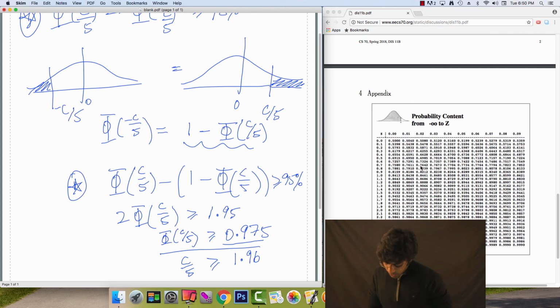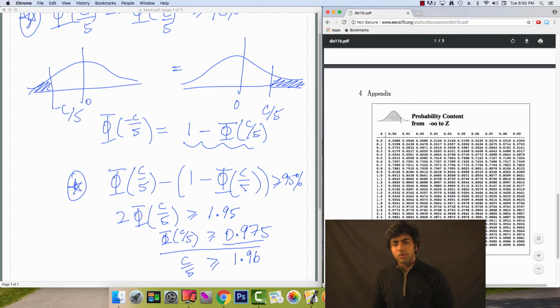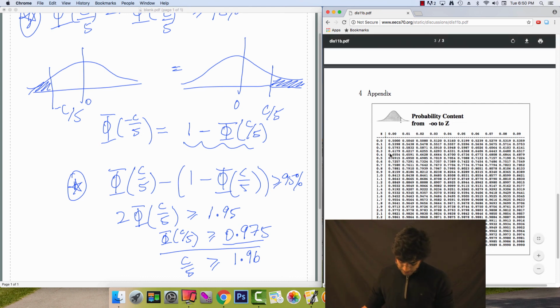So remember, what I did was I looked for a number in this table, which was 0.975, because this table is just pre-computed phi values for different values of your input.